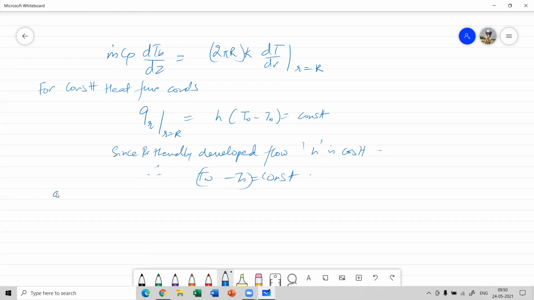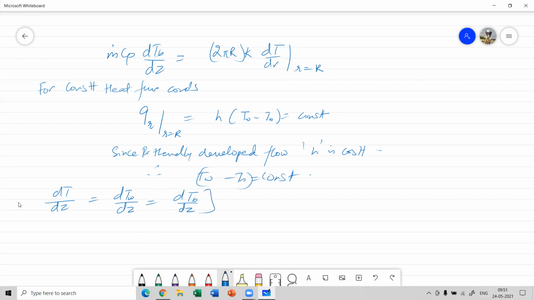So we can say that dT by dz is same as dTw by dz is same as dTb by dz under thermally developed conditions. That is the temperature difference Tw minus Tb is a constant throughout the pipe.